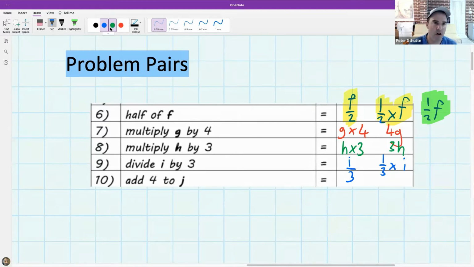And then the last one, add 4 to j. That basically is just going to be j plus 4, and there's not really much ambiguity about that. You could write it as 4 plus j, I guess. That would mean the same thing. But they're both correct answers.